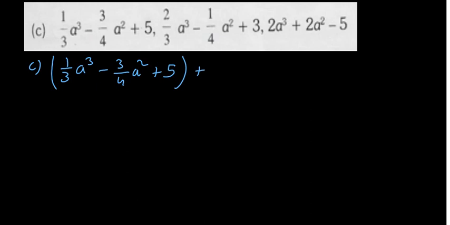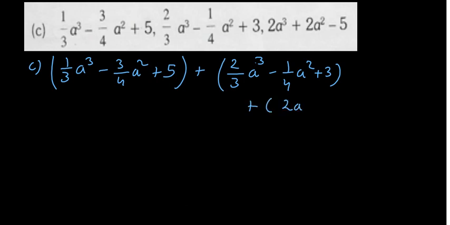Once again, I must say we have to group the like fractions together, and after that we can easily simplify them. Then 2 upon 3 a cube minus 1 upon 4 a square, plus 3, and last one is 2a cube plus 2a square minus 5.